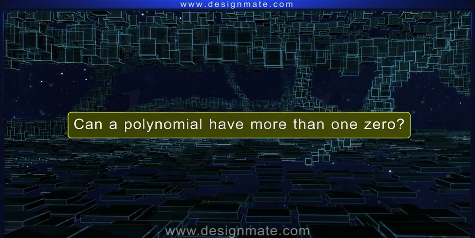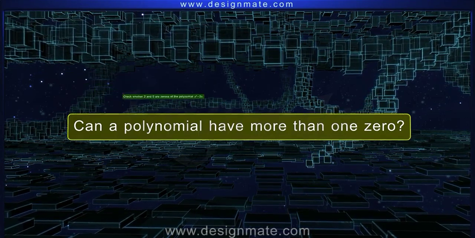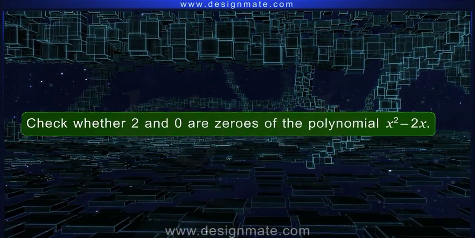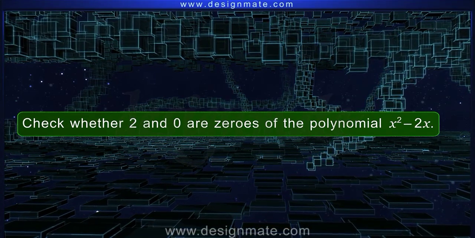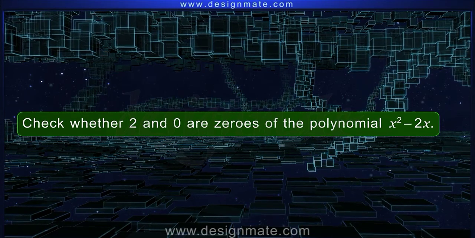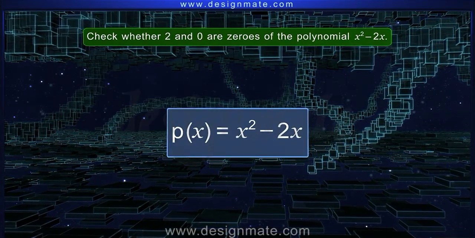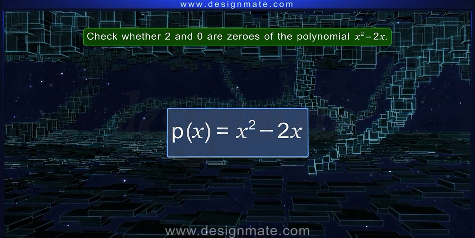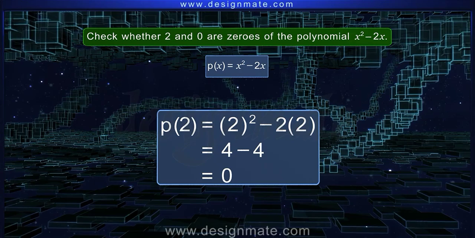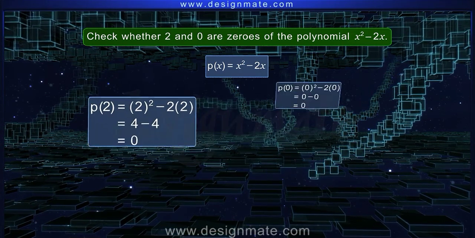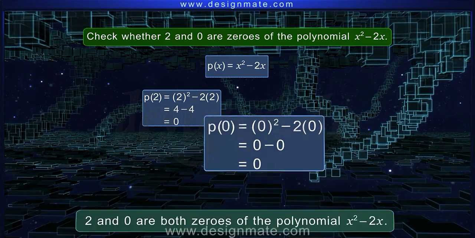Can a polynomial have more than one zero? To answer this question, let us take an illustration. Check whether 2 and 0 are zeros of the polynomial x squared minus 2x. Let p(x) = x² - 2x. Then p(2) = 0 and p(0) = 0.